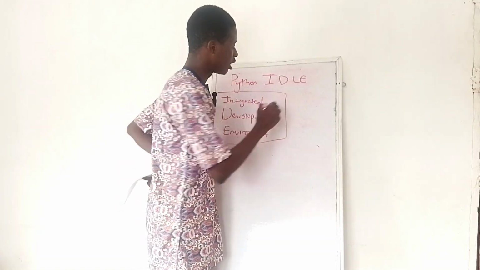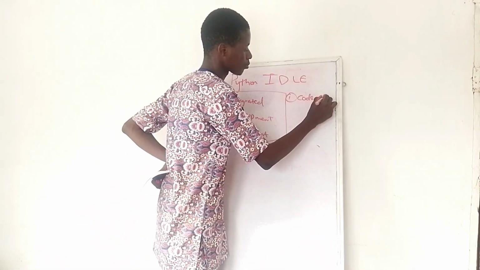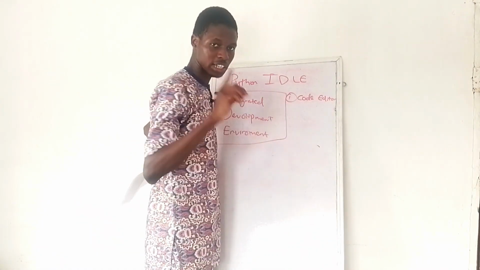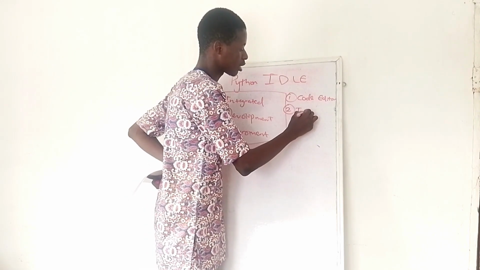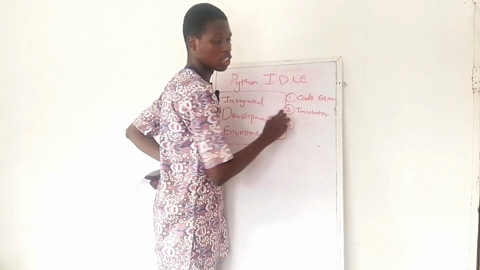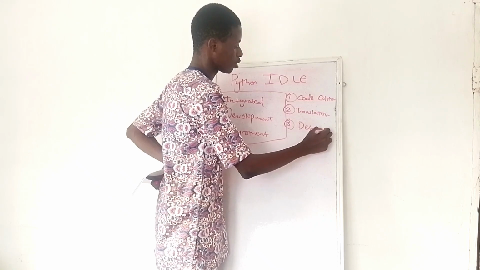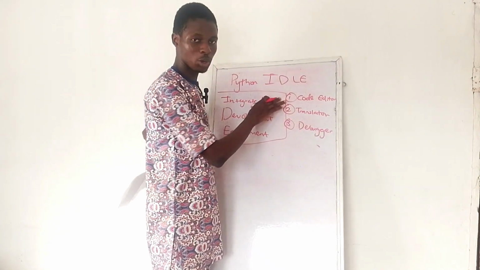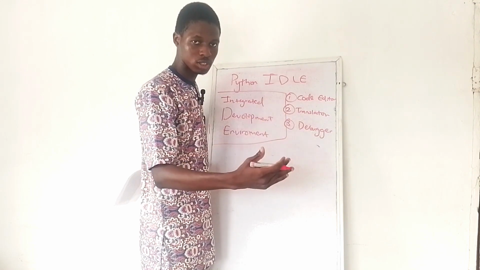The first thing that you need is a code editor. The second thing you need is a translator. The third thing you need is a debugger. Code editor means where you are going to write your code.